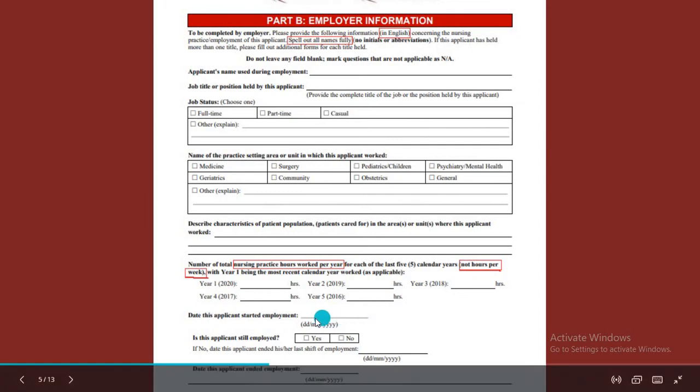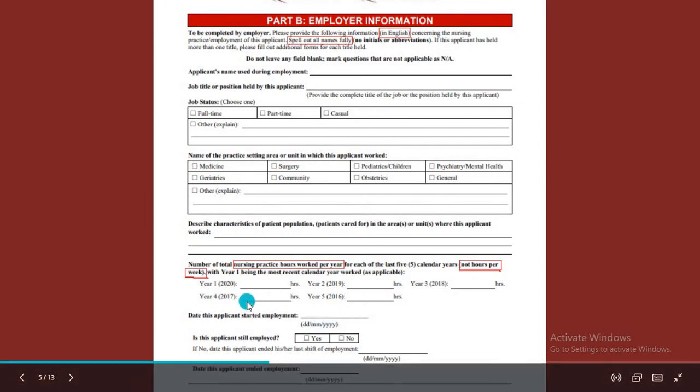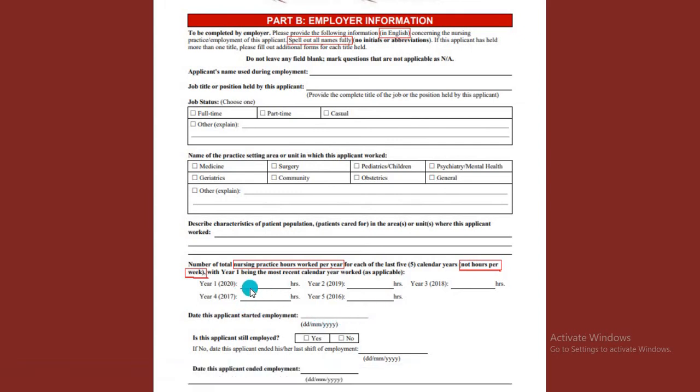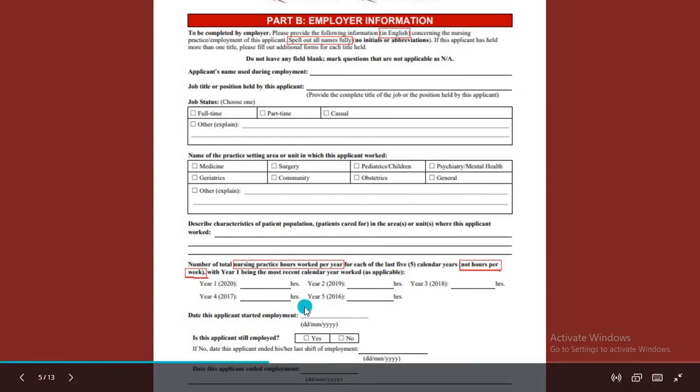In my case, my employer mentioned a specified number of hours per week in the year field, right? So they did not accept my form. They told me to get the hours calculated for the whole year, not the week, right? So this is one thing you should make clear with your employer.